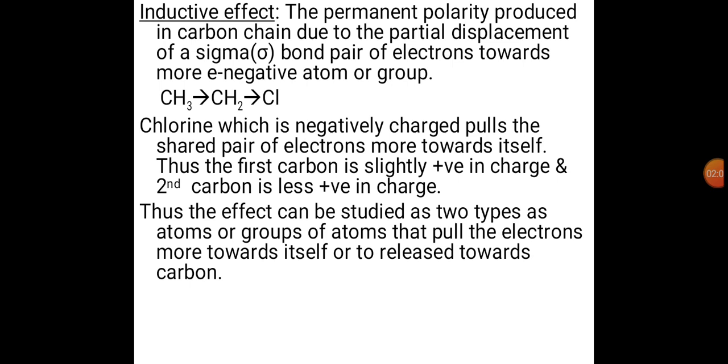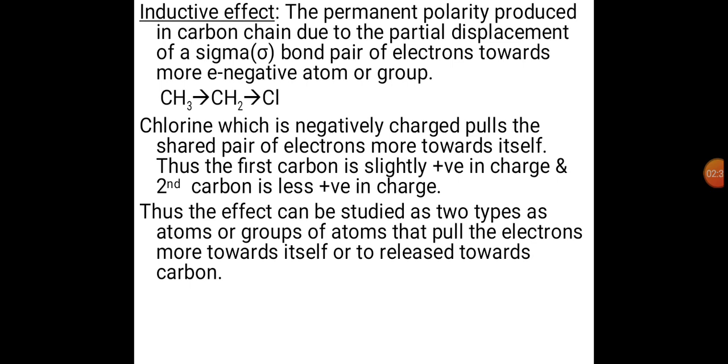So the presence of this effect is felt up to the second carbon, and in rare cases the third carbon, which rarely shows a positive charge.